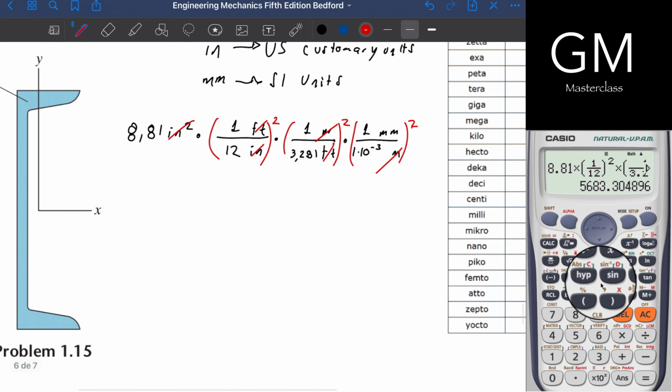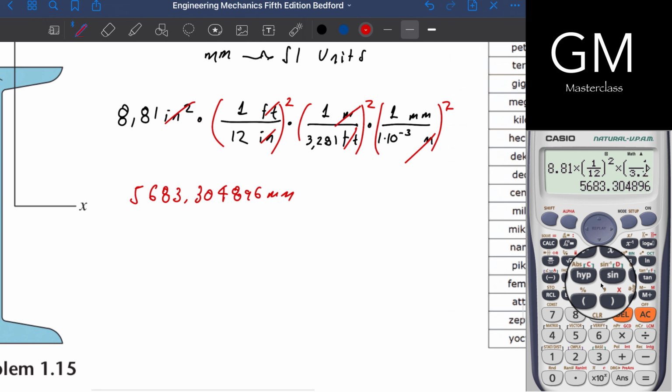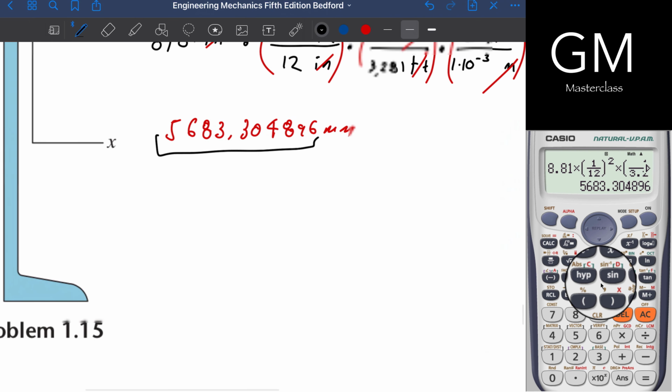So the answer is 5,683.304896 millimeters. I could use this kind of notation, but I don't like it. I like to use scientific notation in these cases.